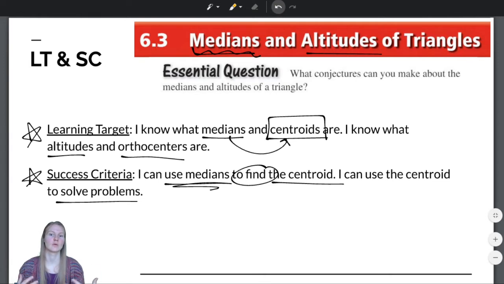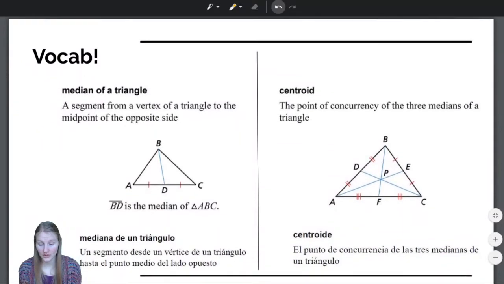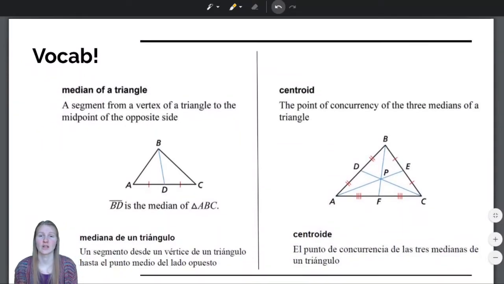So our main focus for this video is medians and centroids, with a little bit of altitudes and orthocenters mixed in. Alright, so first we are going to talk about medians and centroids. Towards the second half of the video, we'll start talking about altitudes and orthocenters.